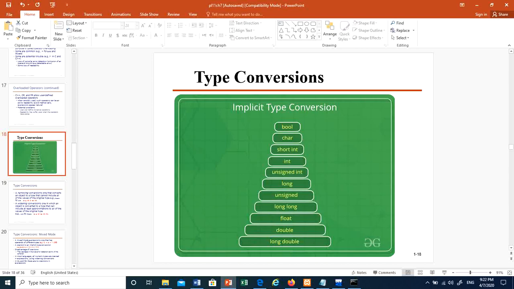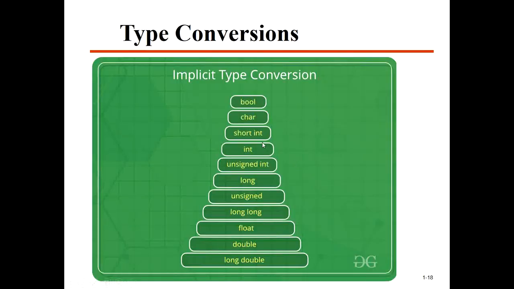There are a lot of data types, and some of them can be implicitly converted and some explicitly converted from one data type to another. If you look on the screen, you will see we have many different data types like bool, char, short, integer, unsigned integer, long, unsigned long, and float.